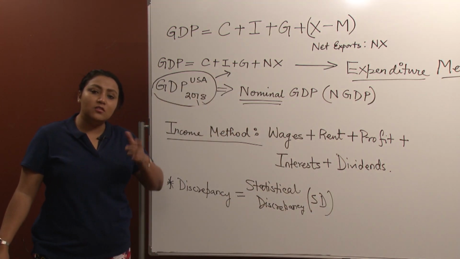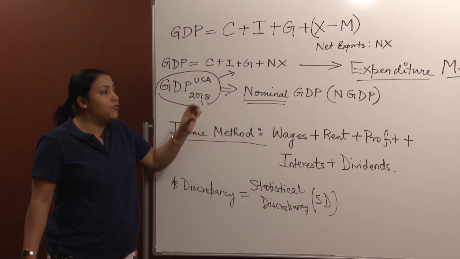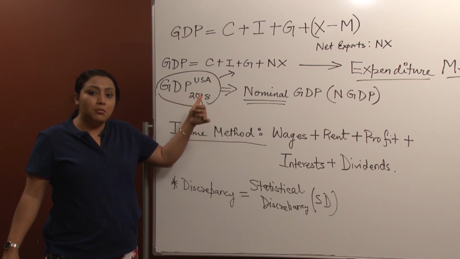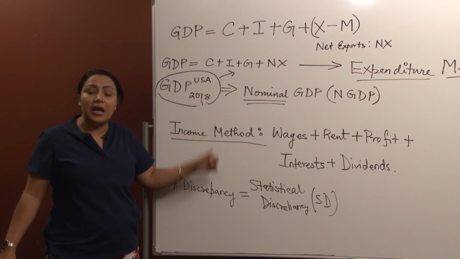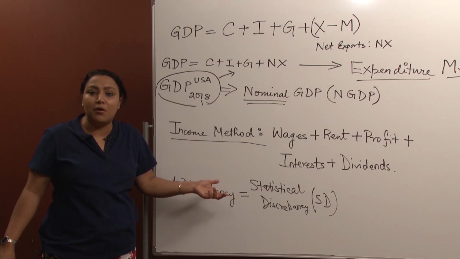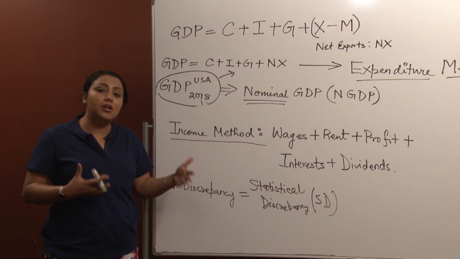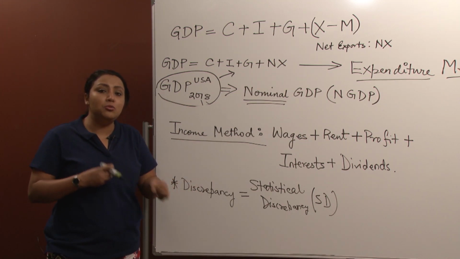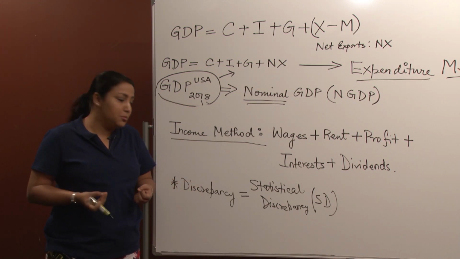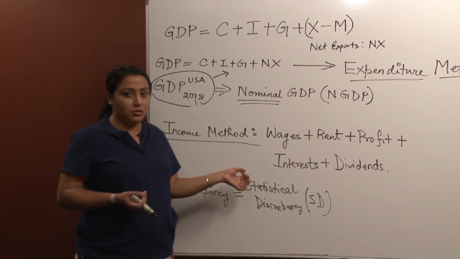So, SD is basically the deviation of expenditure method number that you get for GDP and the income method number that you come up for GDP. They should be theoretically the same, but in the real world there happens to be some numerical deviation or numerical discrepancy, and that is called statistical discrepancy.